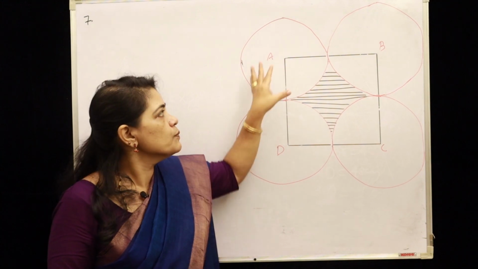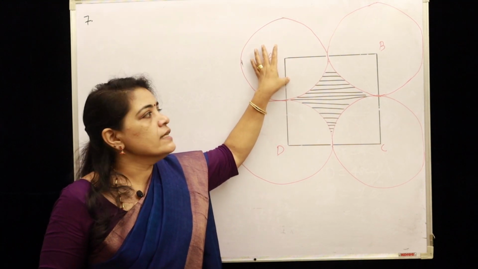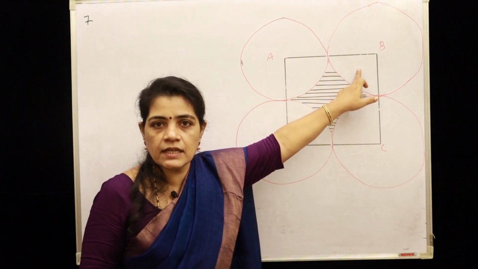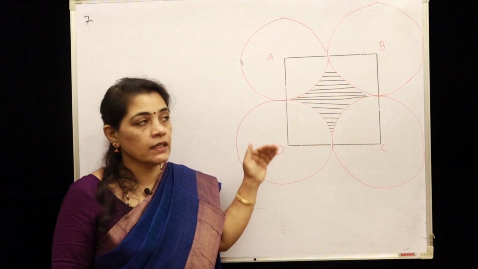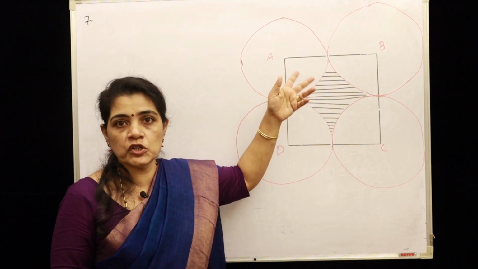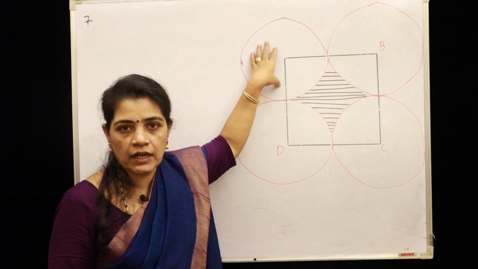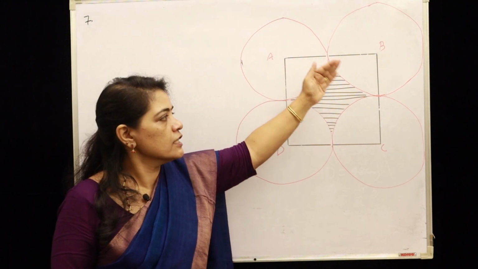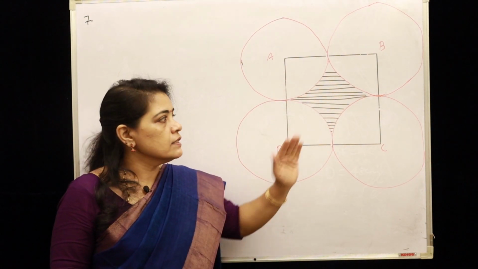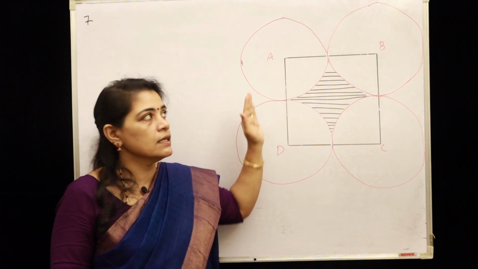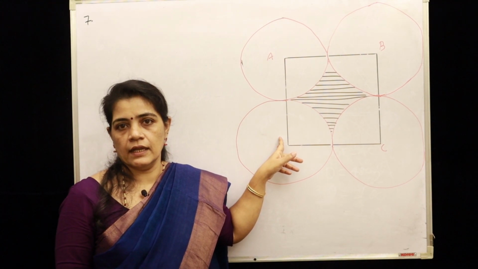This circle with the center A touches the circles with the centers B and D externally, that means without overlapping, no portion comes in the interior of the circle with center A, and similarly for all the circles.